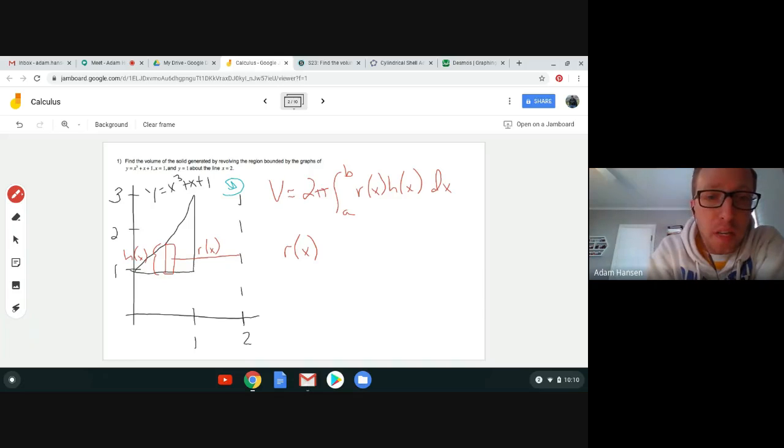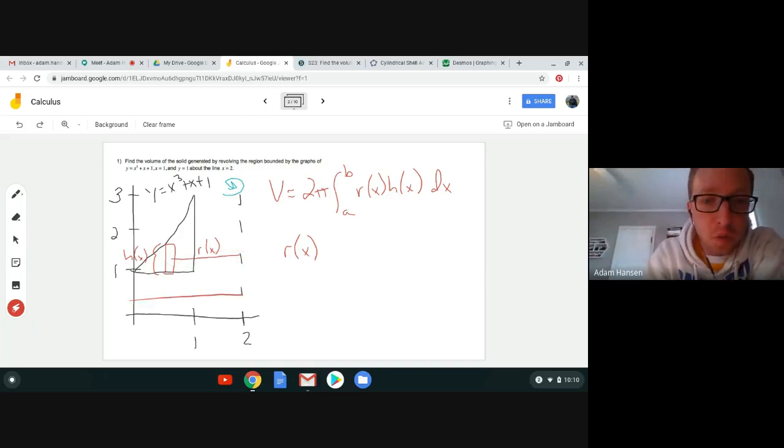I want the radius here. The total distance is 2. This value would be x. So what would this distance be?